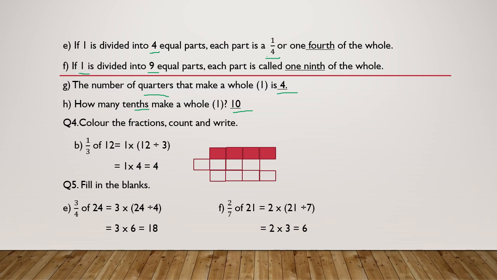So this will be equal to 1 multiplied by 12 divided by 3. So we write 1 as it is, then multiply, and after dividing 12 by 3 we get 4. So 1 multiplied by 4 is equal to 4. So we have to shade 4 parts out of these total 12 parts.